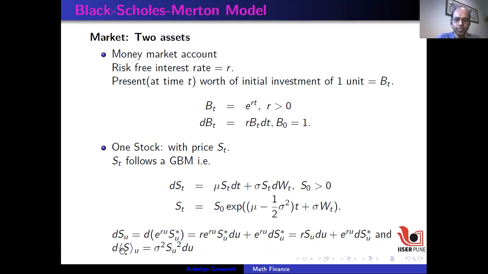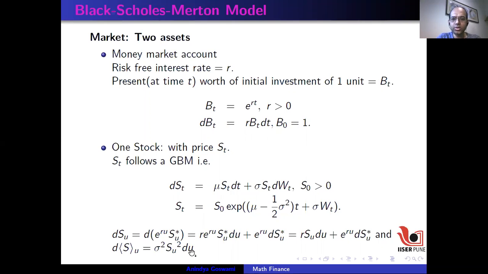Next I would also require another relation, the quadratic variation of S. Since you have already seen elementary stochastic calculus, you know what quadratic variation is. The computation of the quadratic variation turns out to be just algebra, because you can apply the product rule, so that if you find dS_t squared, and you have the rule that dt squared is 0, dt times dW_t is 0, and dW_t squared is dt, then you obtain that dS_t squared is sigma squared S_t squared times dt.